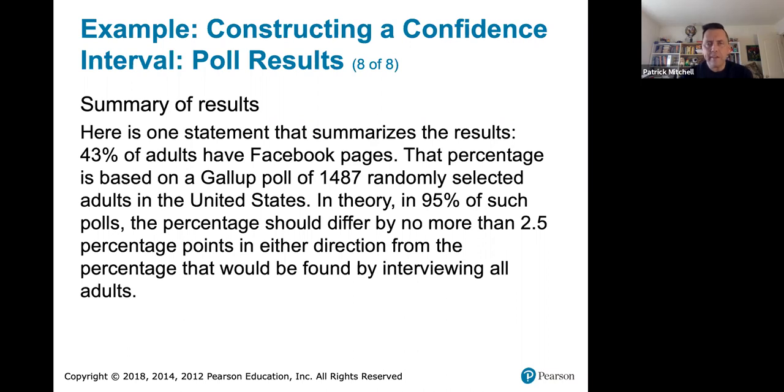In reality, I see statements like this all the time, again, attached to polls. Usually they don't say all this. They may say something like: that percentage is based on a Gallup poll of 1,487 randomly selected adults in the United States and has a margin of error of 2.5%.